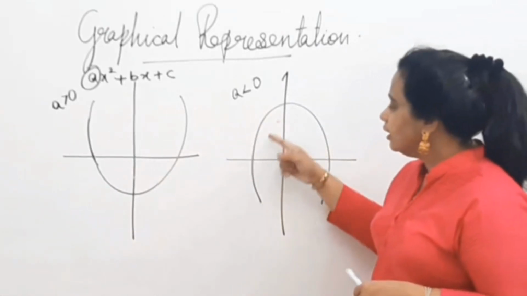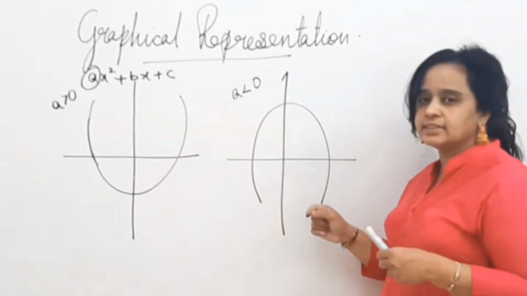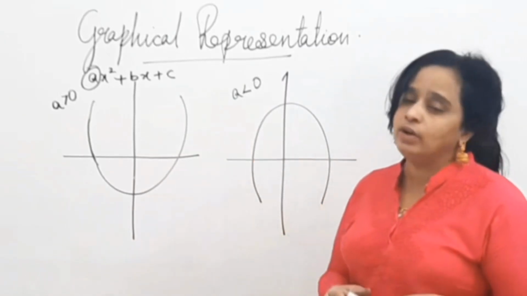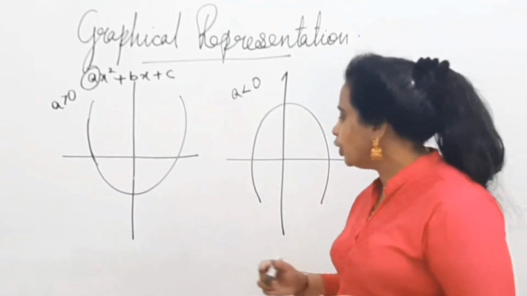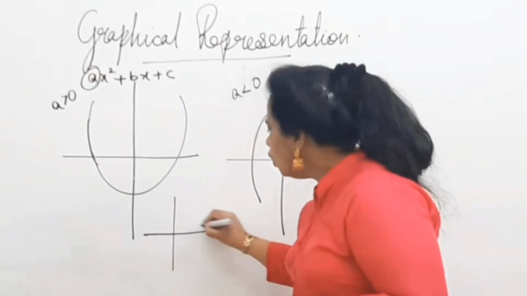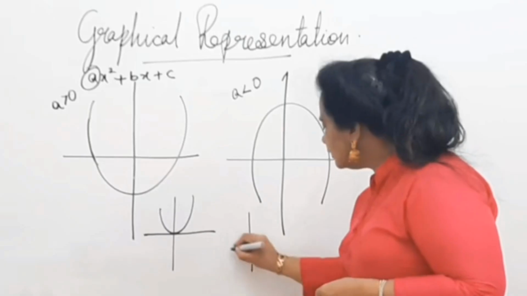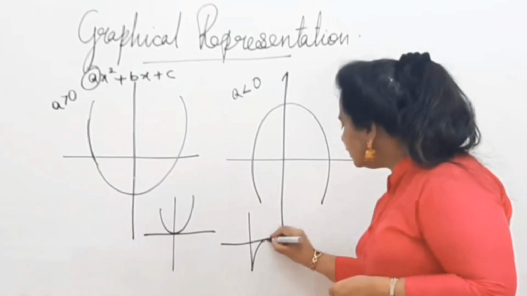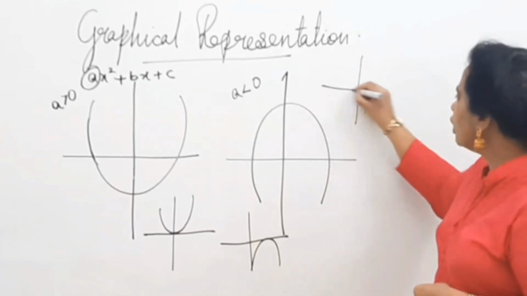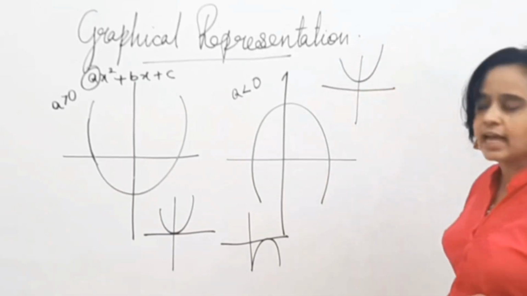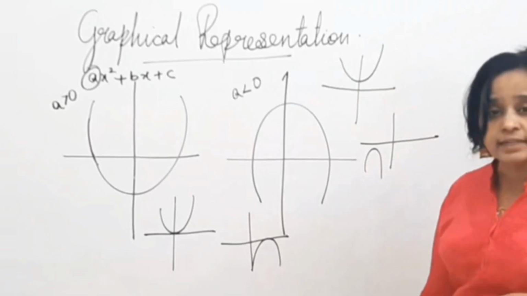The same way here, whichever values of x touch the x-axis, those values will be the zeros of the quadratic polynomial. Now, I'll give you a small understanding. The parabola can be like this and the parabola can be like this. These all touch the x-axis, but you will have a parabola which doesn't touch the x-axis, and another parabola which doesn't touch the x-axis.